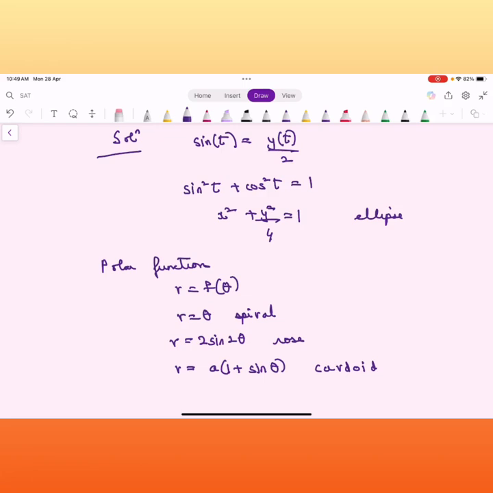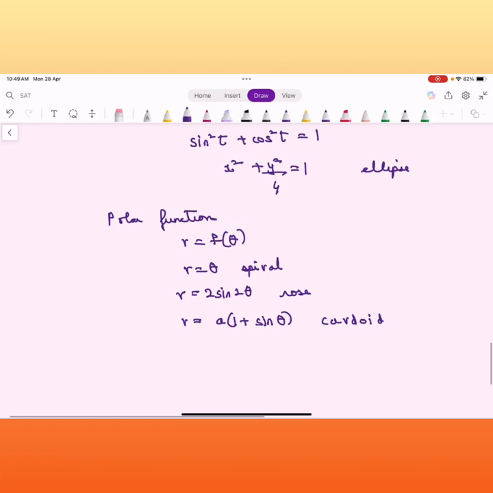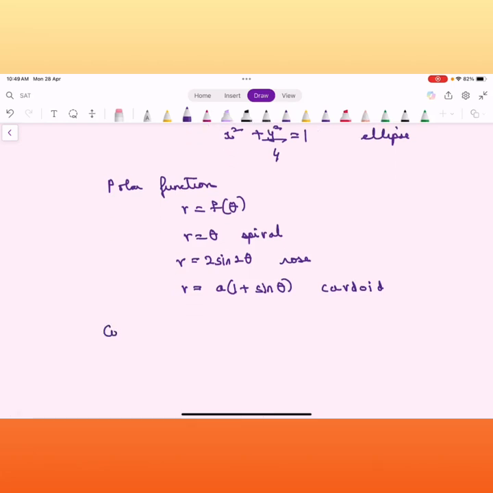So let's work out a question on polar functions. Consider the polar function r equal to 2 plus 4 sin theta.